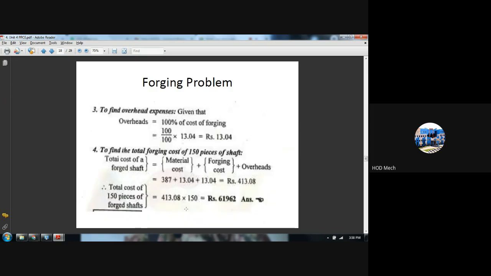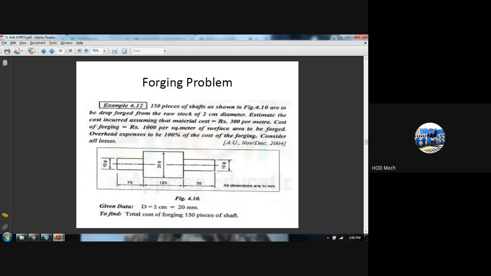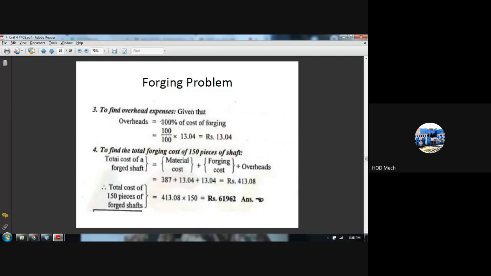Step number 5, overhead expense. ப்ராப்ளம்ல பாத்தீங்கன்னா overhead expense எவ்வளவு சொல்லியிருக்கா? To be 100% of cost of forging. Cost of forging 100% னா என்ன காஸ்ட் இங்க forging க்கு வருதோ அதே காஸ்ட் தான். அப்போ overhead expenses is equal to 100% of cost of forging.